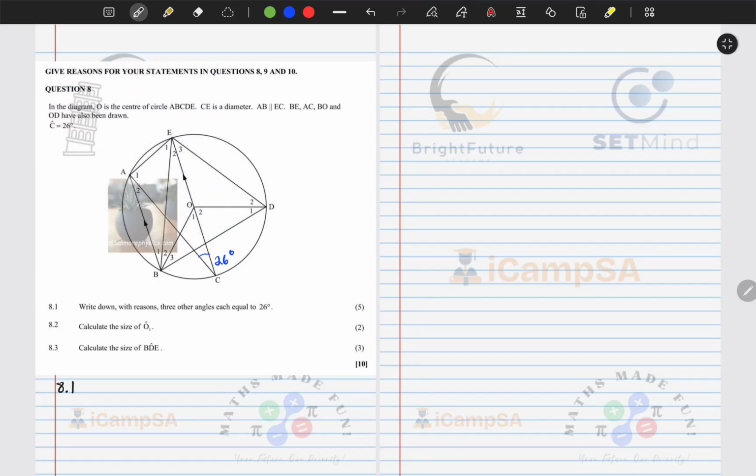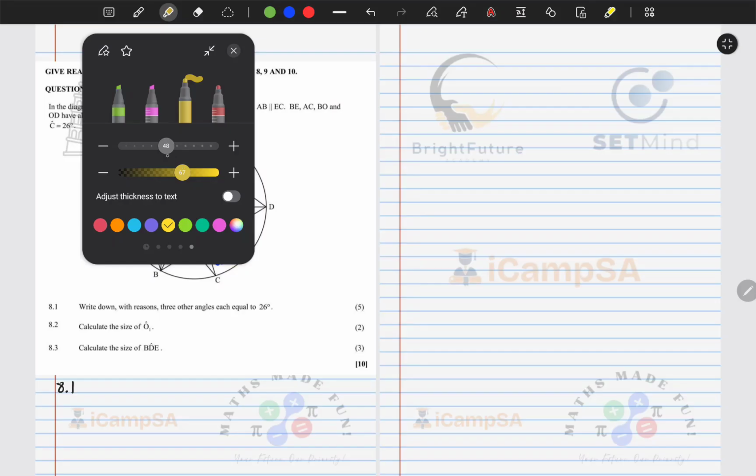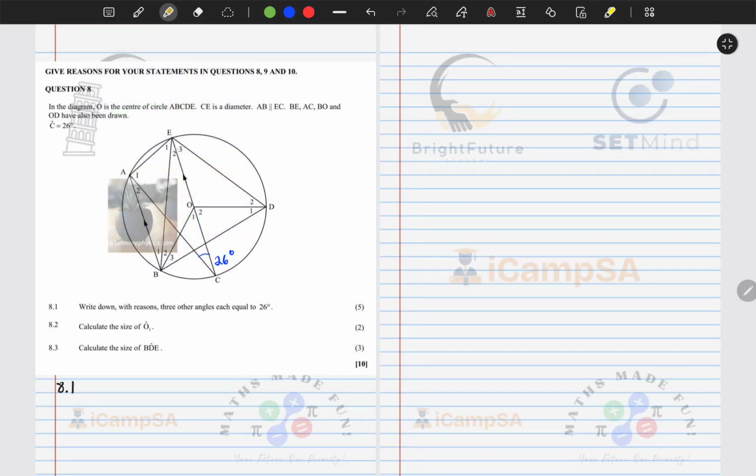So 8.1. If you look at this angle carefully, you will realize a couple of things that you should have learned. So if you observe carefully, angle B1 should be equal to angle C because these are angles subtended by the same arc or angles in the same segment. So angle B1 is equal to angle C, which is 26 degrees.